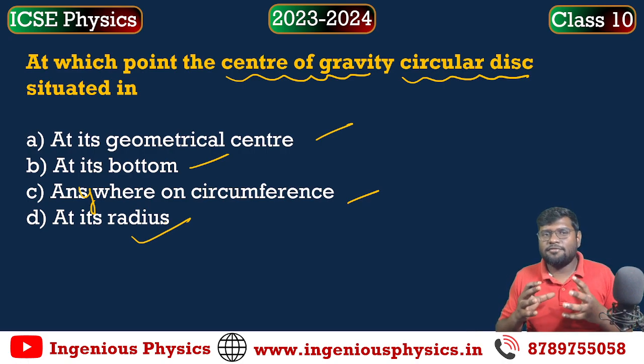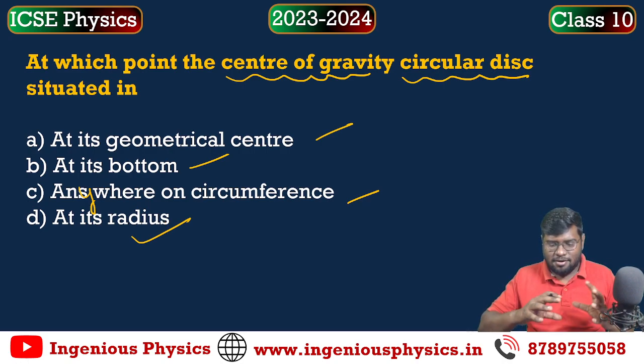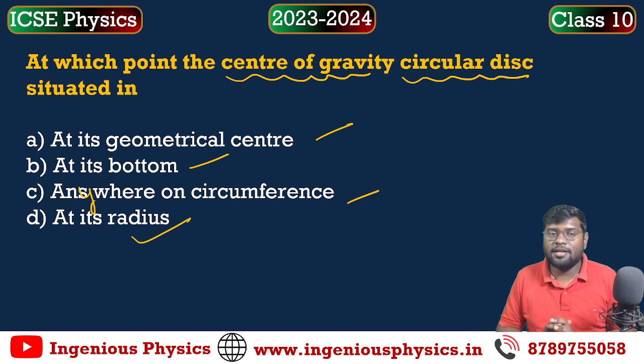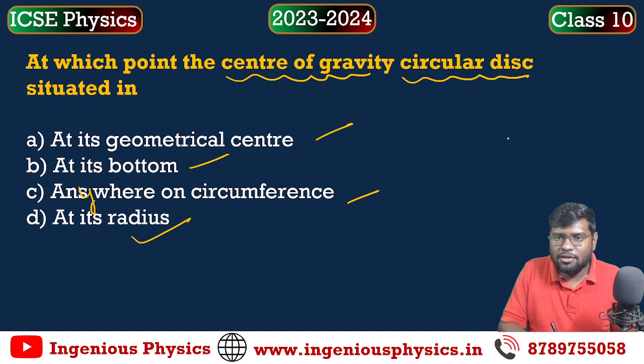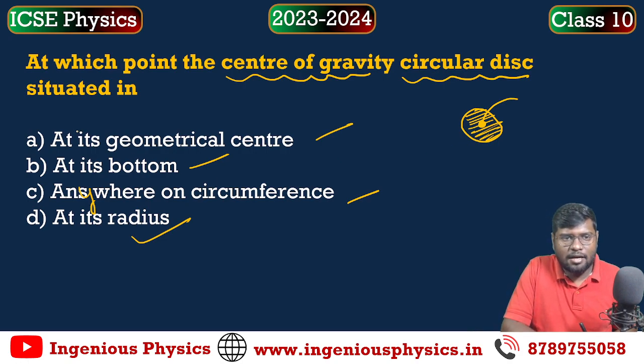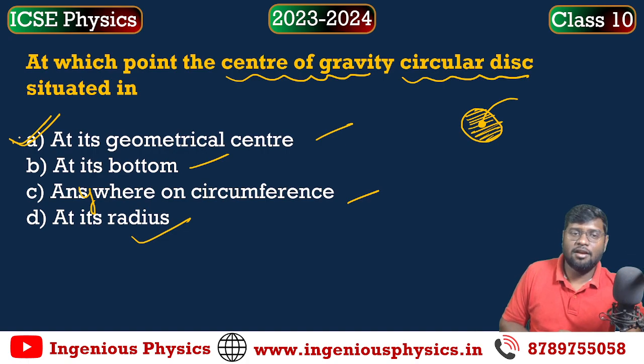So basically if we take any symmetric structure, then it will be at the center. Which center? Geometric center, right? So if I take a circular disc, the geometric center will be this point, right? So option number A is correct, because the center of gravity will lie in its geometric center, right? I hope you understood.